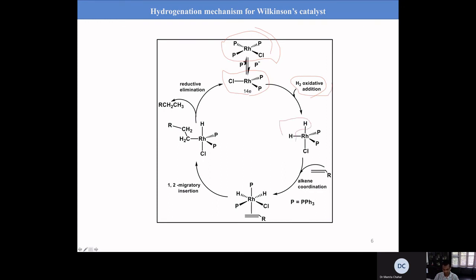So again, concerted oxidative addition takes place here. I remind you that none of these intermediates are crystallographically characterized or even spectroscopically well characterized. So if anybody can do these reactions and characterize these intermediates, that would be quite interesting. Now you may ask, why is it not possible to characterize these intermediates?